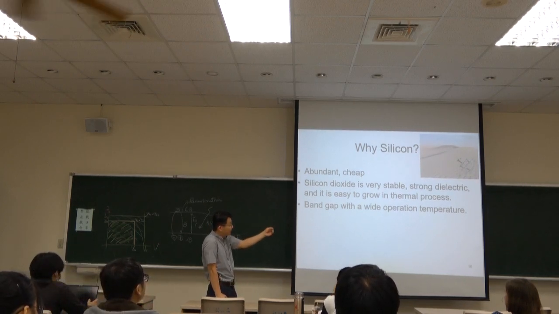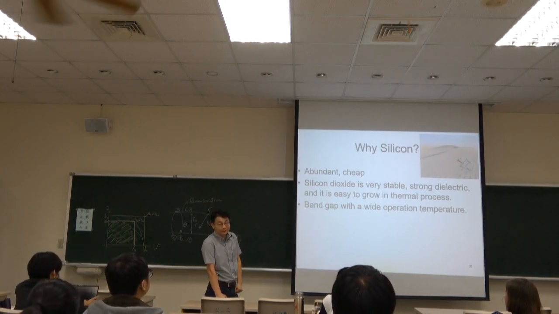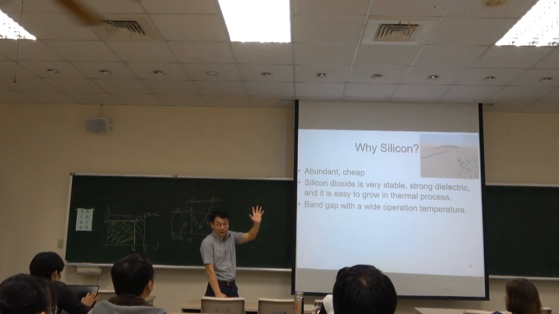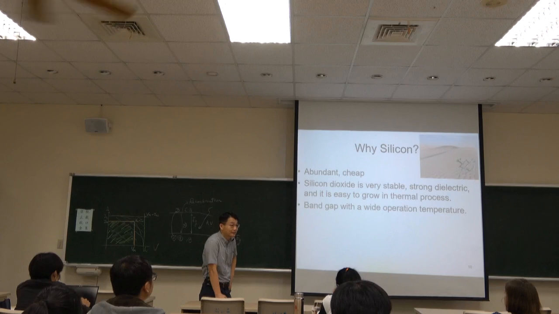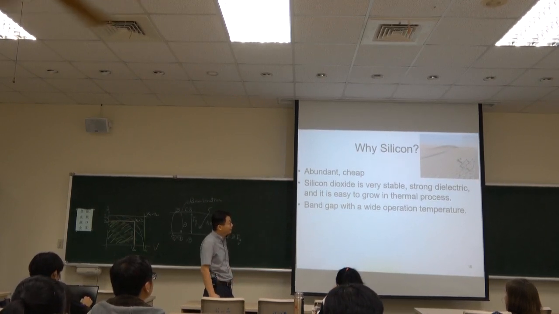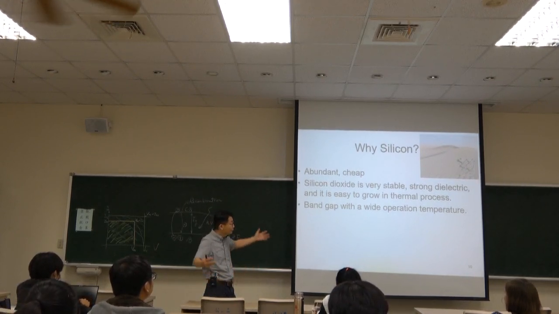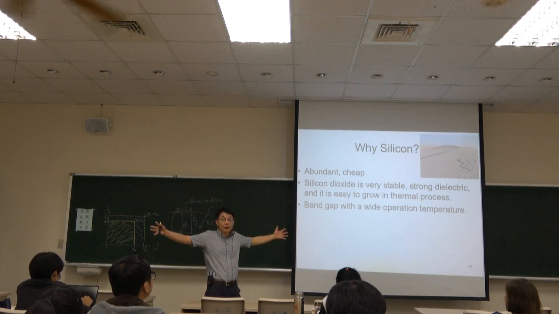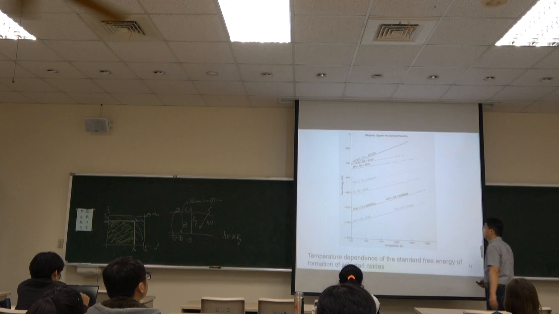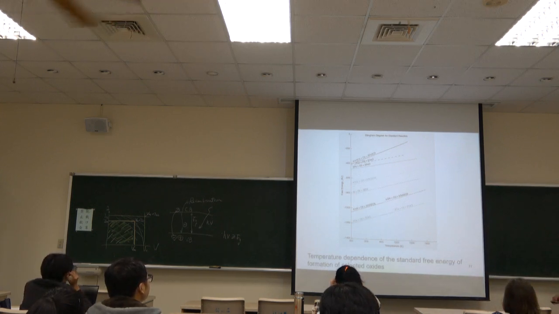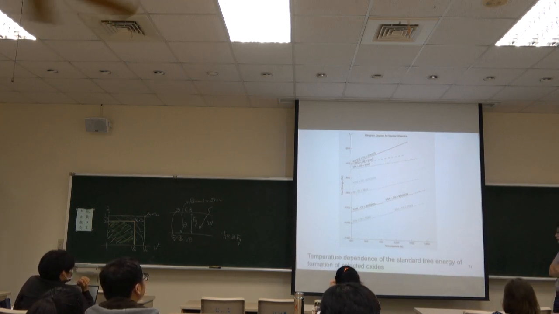And the band gap is 1.1, so it can absorb when the wavelength is in the visible light range, right? So it is our best friend. The operating temperature is also quite wide, right? So it is a good material for the solar cell.